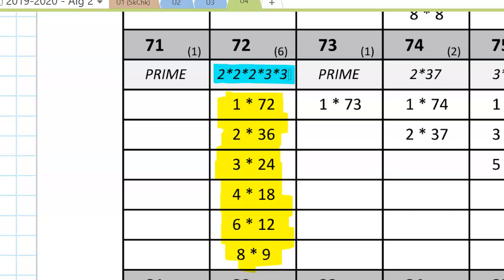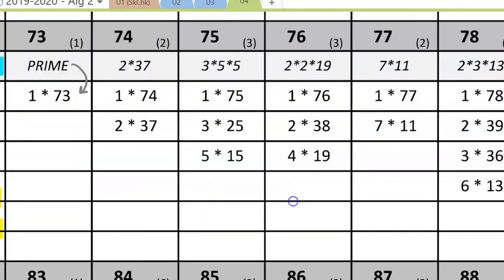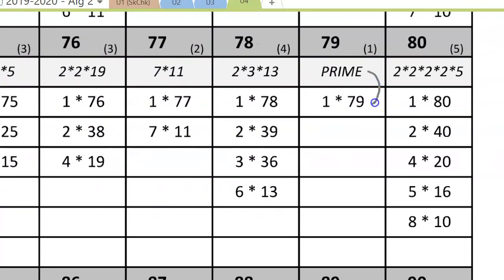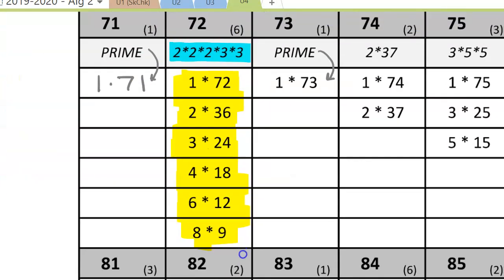A side note: when it says prime underneath 71, that means the only numbers that multiply together are 1 times 71, so this is in fact the prime factorization as well. Same thing over here with 79.